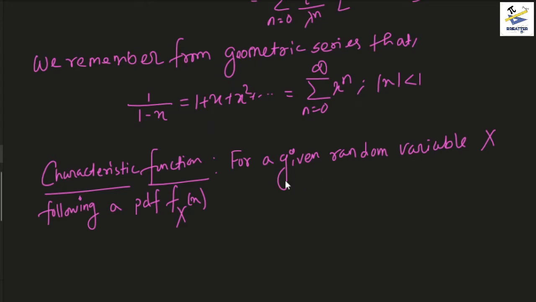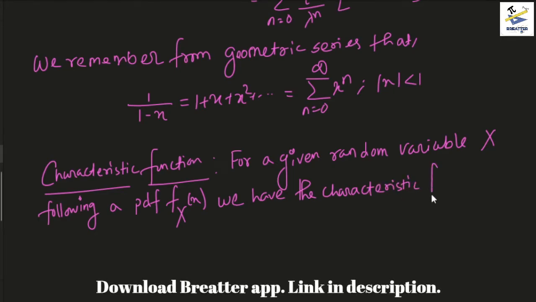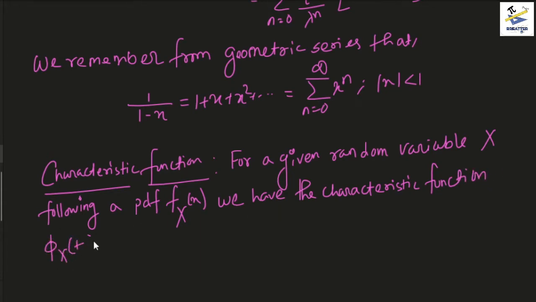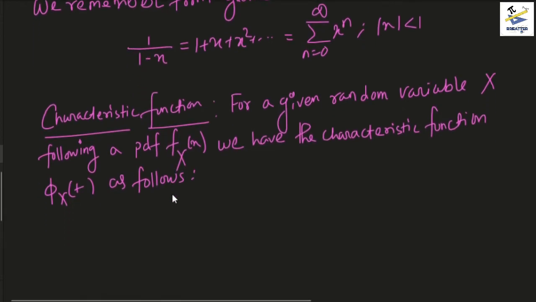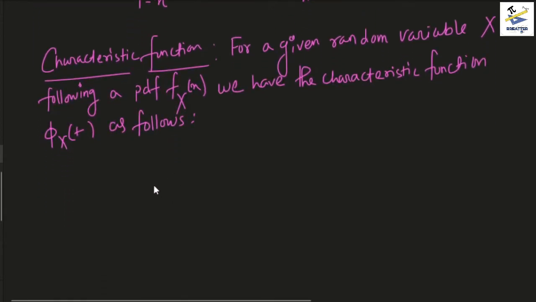So for a given random variable x following a PDF f of x, the characteristic function is usually defined by phi x of t.